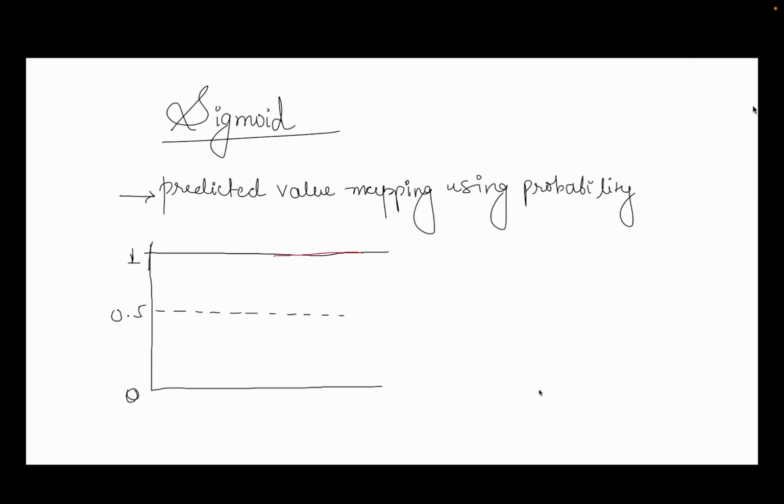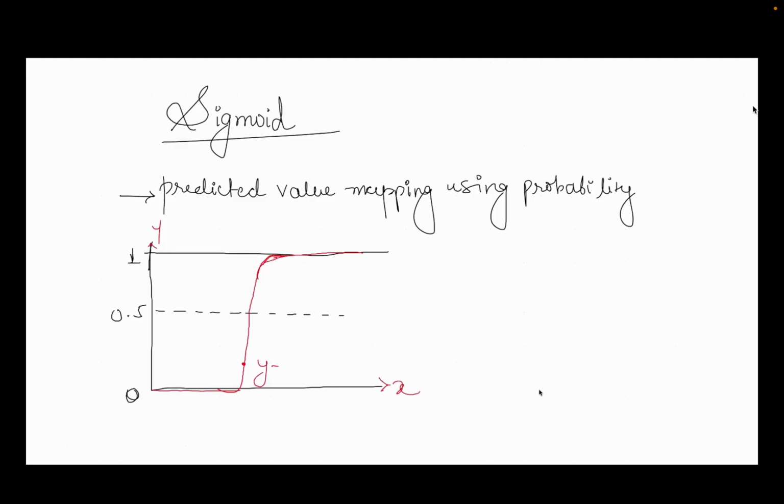You know, guys, the value could be either 0 or 1, right? Then why does this S kind of structure come? For the threshold purpose. Because there is a possibility that the values can come here as well, here as well. Later, we can round them off. So it will create a structure like this, and we call this the S curve. You can consider the value of y here, since this is the y-axis and this is the x-axis.